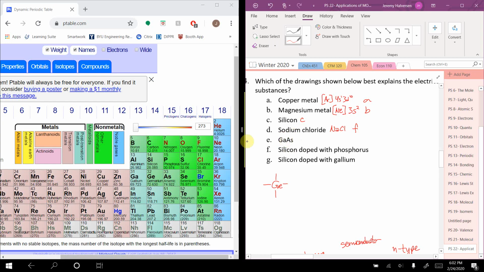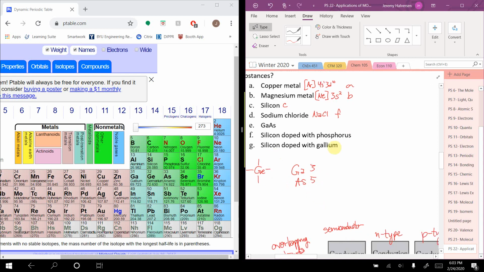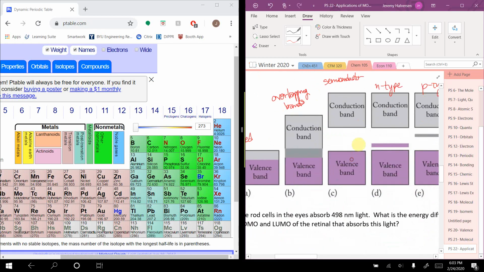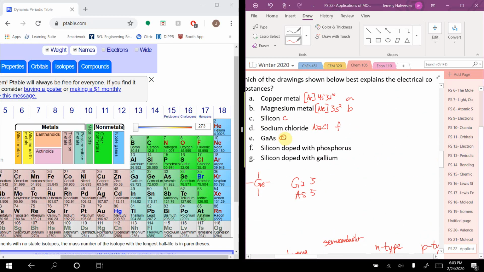Gallium has 3 valence electrons, and arsenic has 5 valence electrons. So for every gallium arsenic combination, you get 8 total valence electrons, which is like 4 valence electrons for each. And so gallium arsenide is a compound semiconductor. It's going to behave like a semiconductor, and for that reason, it is just represented by C.